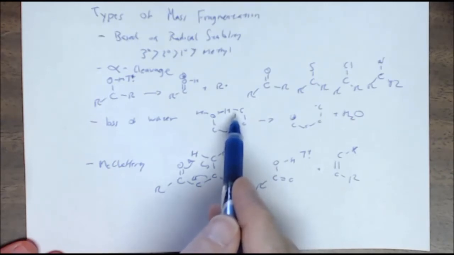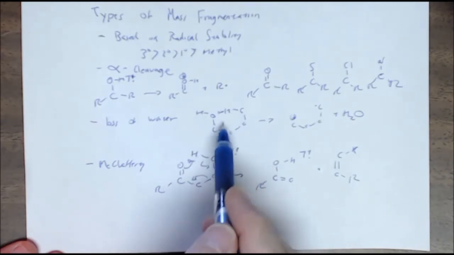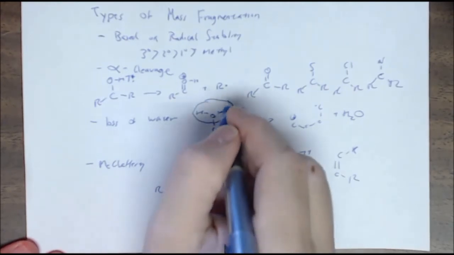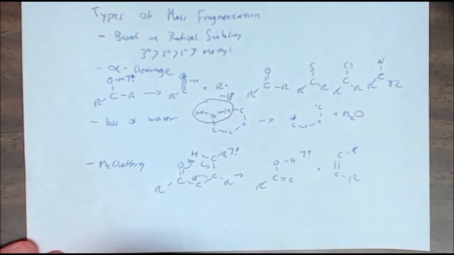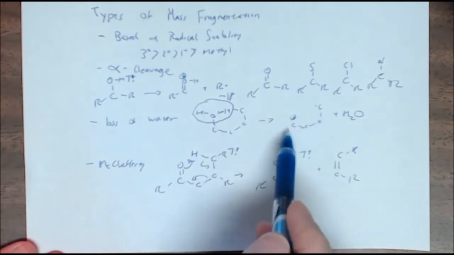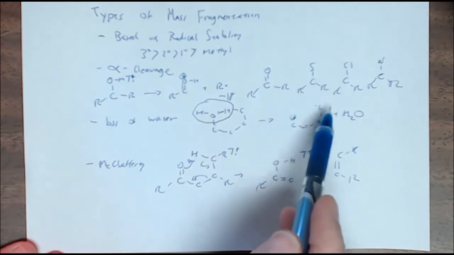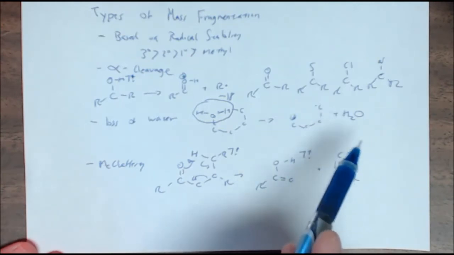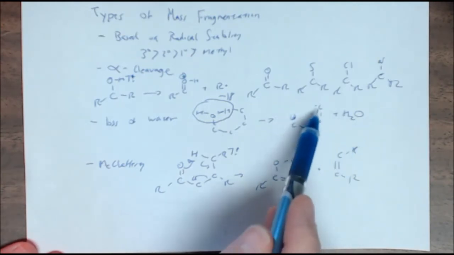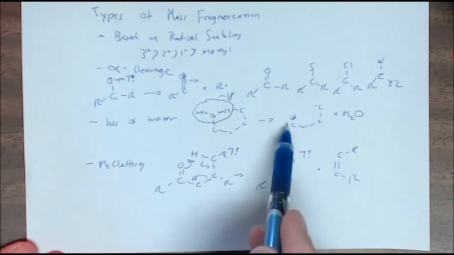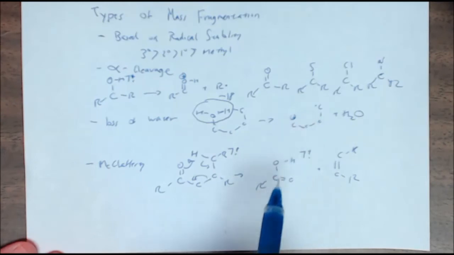If the molecule is big enough to do that, it's quite possible that you're going to see the loss of 18 mass units from the parent ion. That loss of 18 indicates a loss of water. It's quite common. You end up with the radical cation here at the end and a loss of water. This will undergo additional fragmentation as well. But notice in this case we have very select locations of where the radical and where the cation are going to be. Again, this could be radical and that could be cation as well.